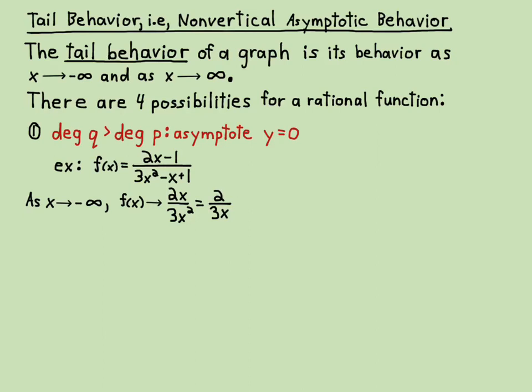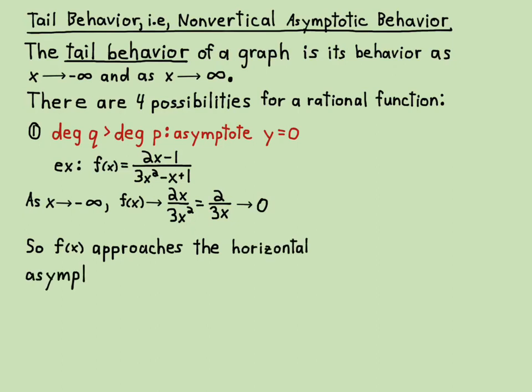So as x moves to the left on the number line, that number 2 over 3x becomes closer and closer to 0, which is why the horizontal asymptote is y equals 0. So you have to kind of imagine these things and think about them a little bit. So f of x approaches the horizontal asymptote y equals 0 as x goes to negative infinity.